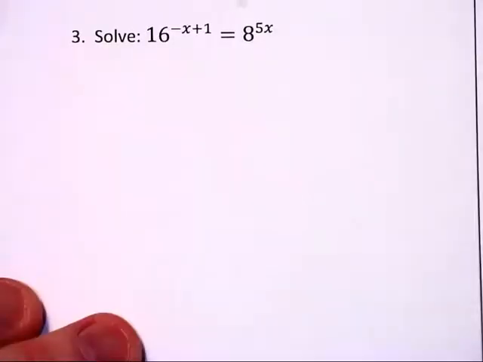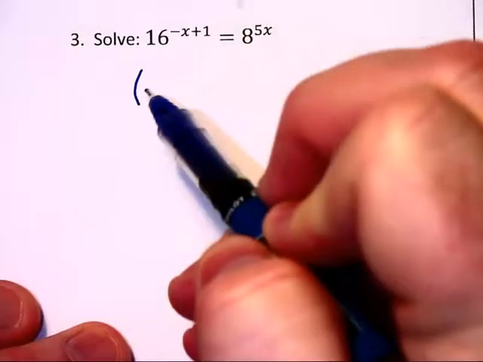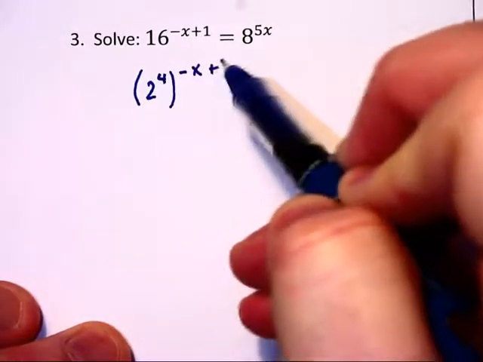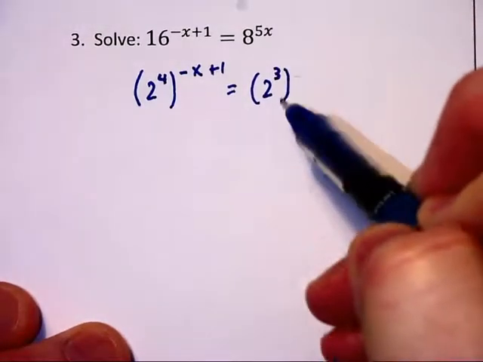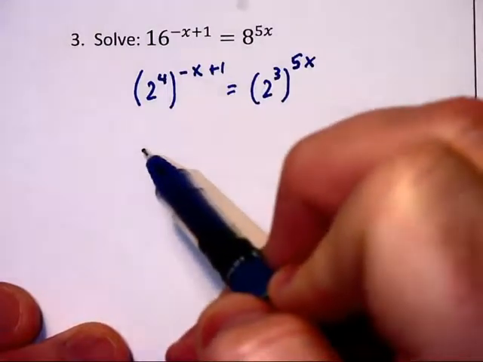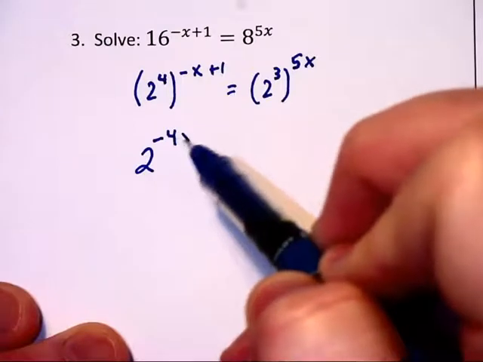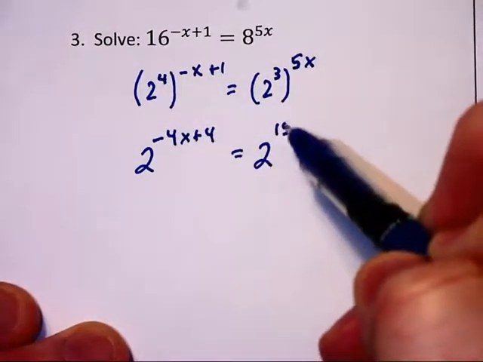On problem number 3, I see that both 16 and 8 are powers of 2. So I can write the 16 as 2 to the 4th, again raised to the negative x plus first power, and the 8 can be written as 2 to the 3rd power, again raised to the 5x power. Multiplying exponents, when we have a power to a power, I have 2 to the negative 4x plus 4 is equal to 2 to the 15x.